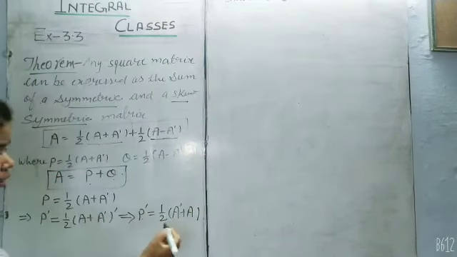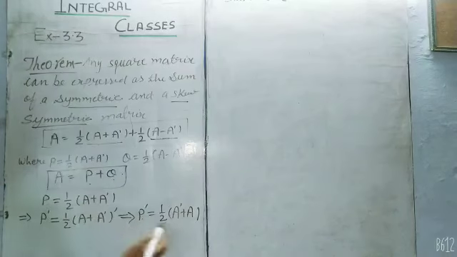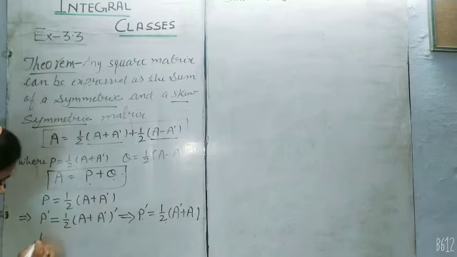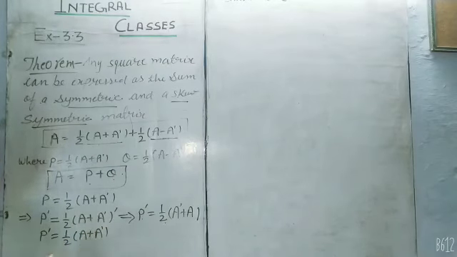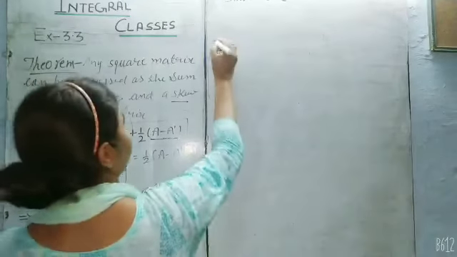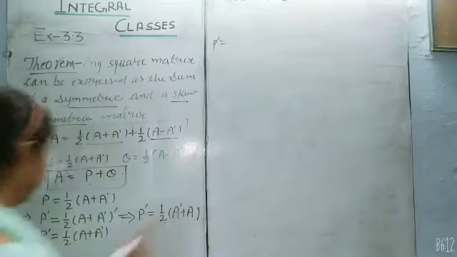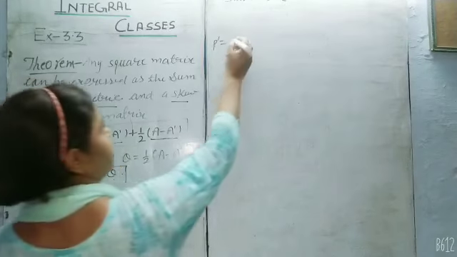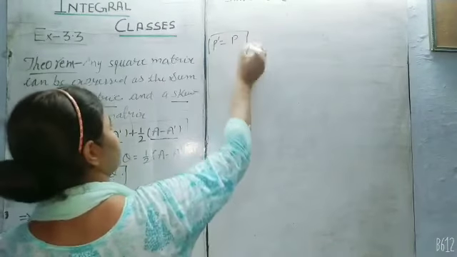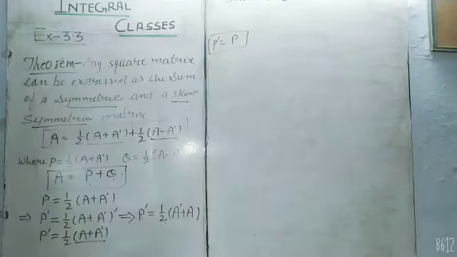So here we can write P transpose equals 1 by 2 (A plus A transpose). Then P transpose equals what? It is replaced by P transpose equals P. So this is the condition of a symmetric matrix.